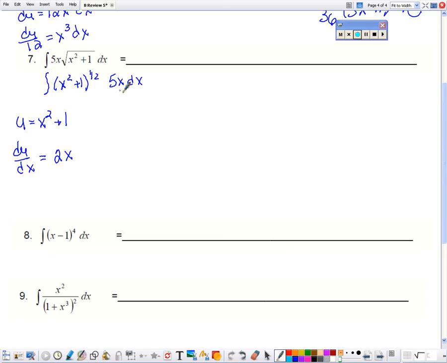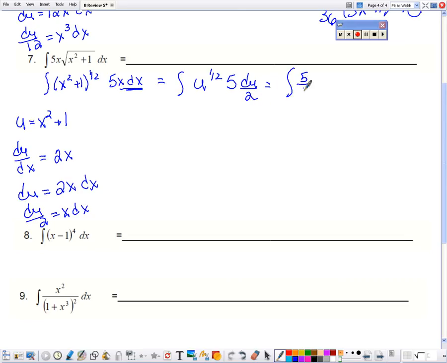Well, here we have 5x dx. So if I solve this for x dx, I can substitute in for this piece. So we have the integral of u to the 1/2 5 times du over 2. So rewriting that, that's 5/2 u to the 1/2 du.